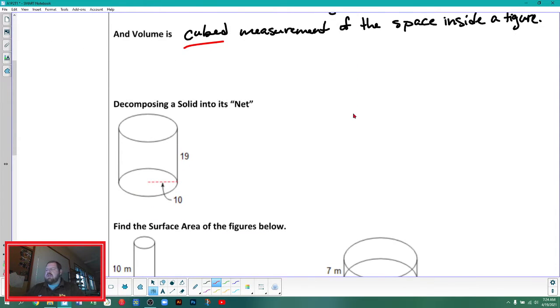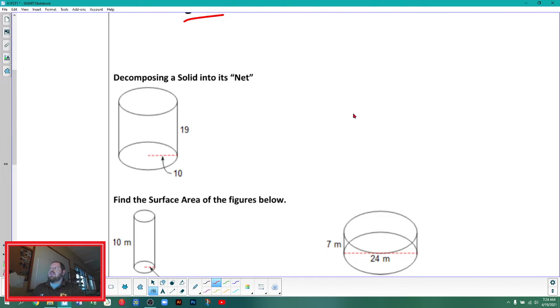Let's do the same thing we did yesterday and decompose this solid into its net. I'm going to use some kind of cheaty little tools here. If I fold the circles out, because we have circles today, they don't have to be to scale, but I'm going to try to do them as good as possible.